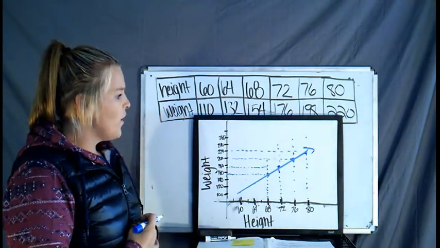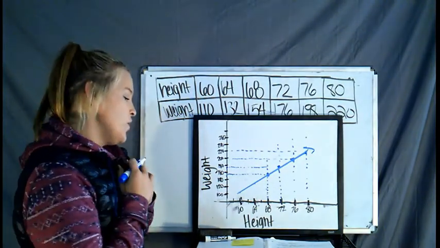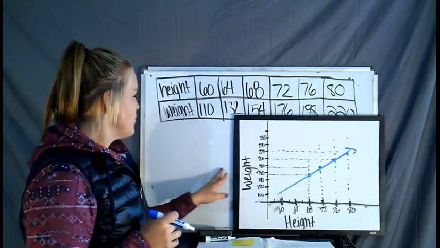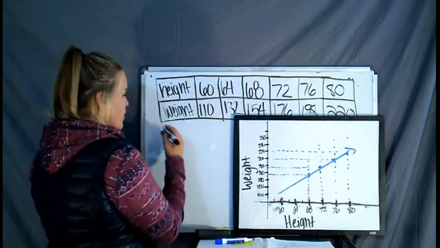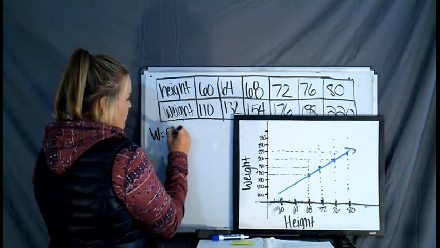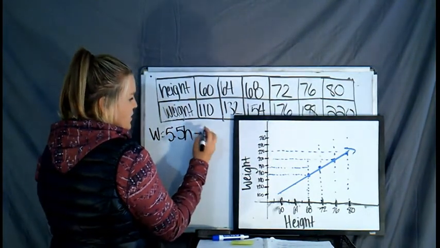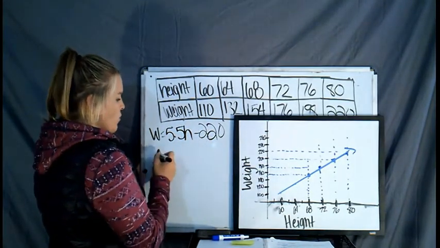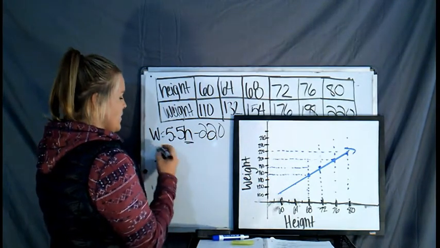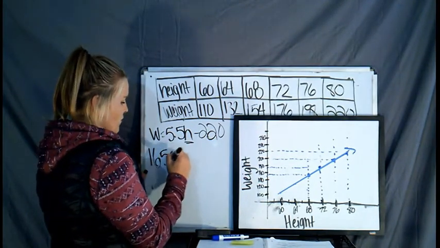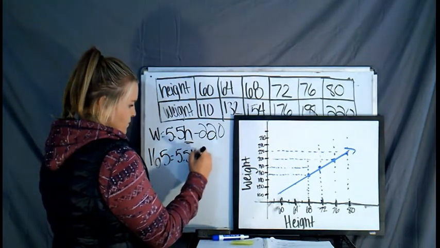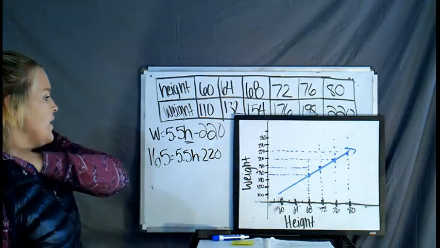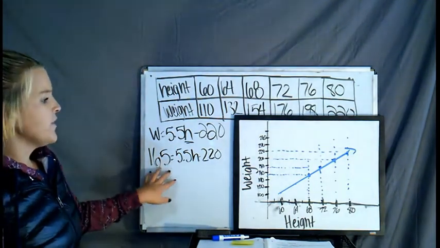And now I want to write an equation to determine the height of a man whose recommended weight is 165 pounds. So our original equation was W is equal to 5.5 H minus 220. And I want my equation to be what is the height of a man whose recommended weight is 165. So now I want to solve this graphically. So we already have our graph.